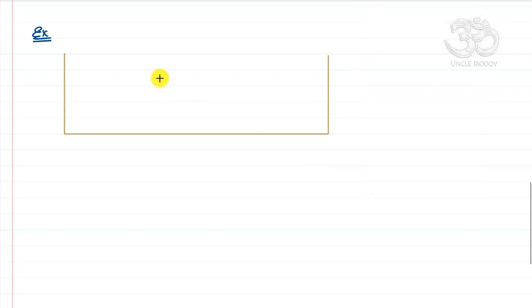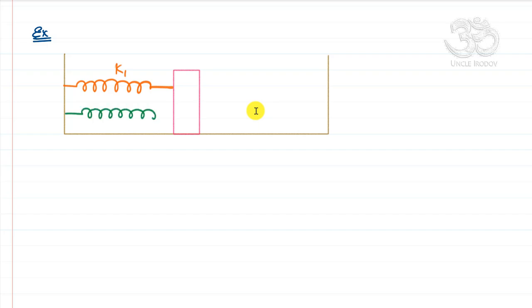This block is attached to 3 springs. Maybe there is one orange spring on the left which has a spring constant K1, then a green spring on the left which has a spring constant K2, and then a blue spring on the right that has a spring constant K3.